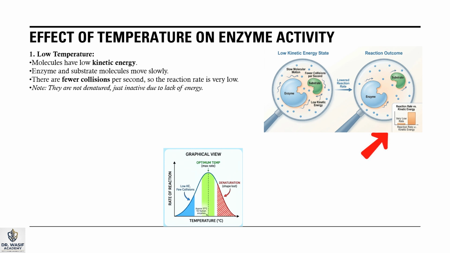Molecules have very low kinetic energy, and because they are moving so slowly, the enzyme and the substrate rarely bump into each other. Fewer collisions per second mean the reaction rate is very low. But here is the key detail. At low temperatures, the enzyme is not broken. Remember it, at low temperature, the enzyme is not broken. It is just inactive. It is like a car that has plenty of fuel, but the engine has not been turned on.